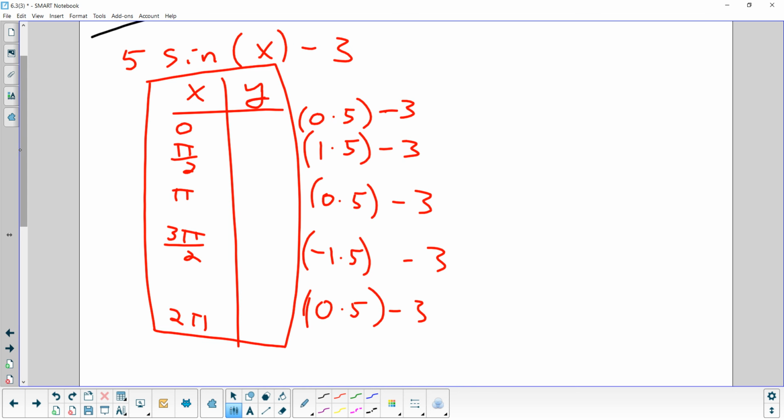Eli, can you tell me what my y values will be? Negative 3, 2, negative 3, negative 8, and negative 3. Okay, since I just made this problem up, my grid's probably not going to be big enough, so I'll scale it if I need to. I need to go all the way down to negative 8.